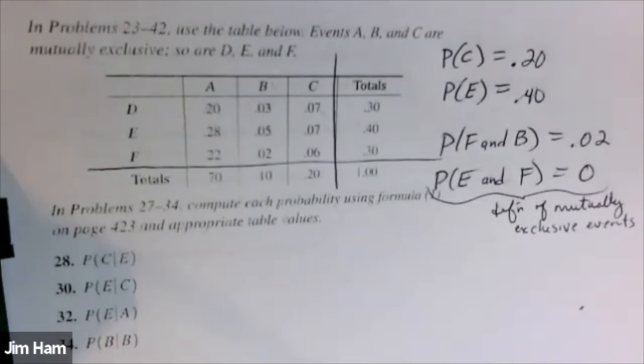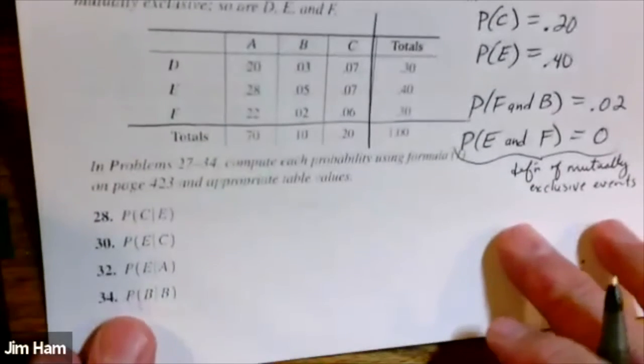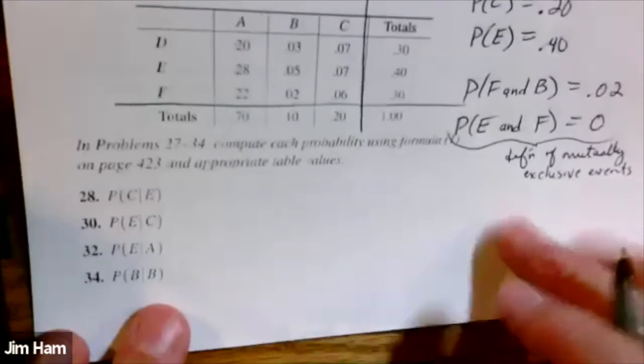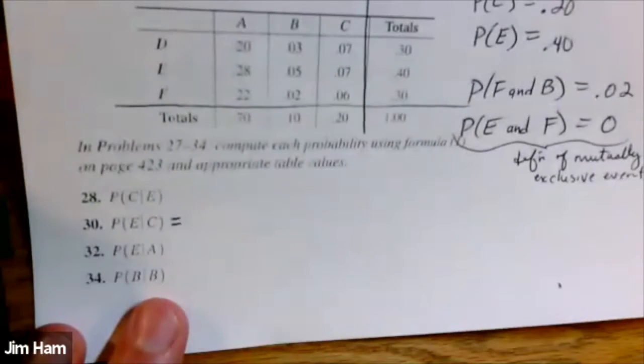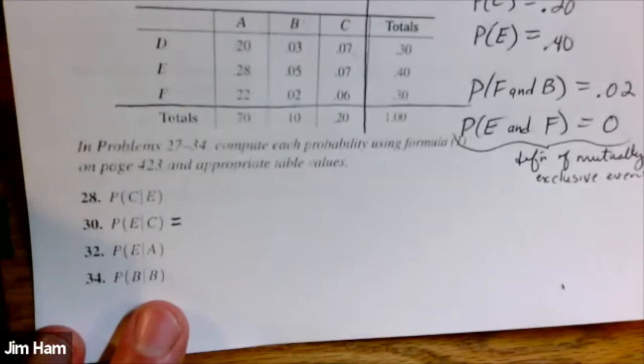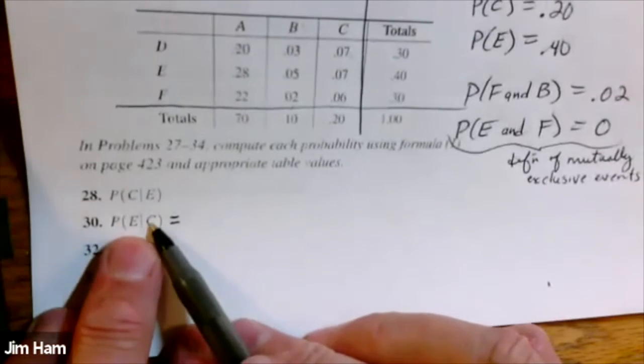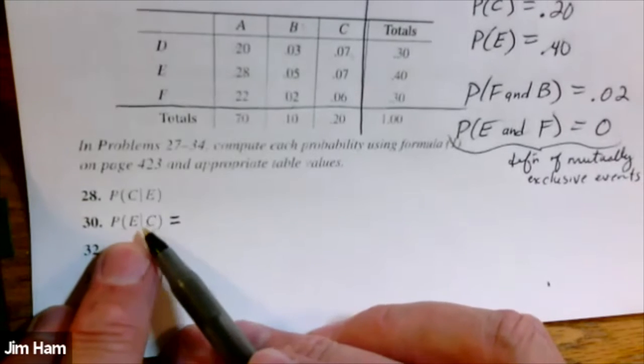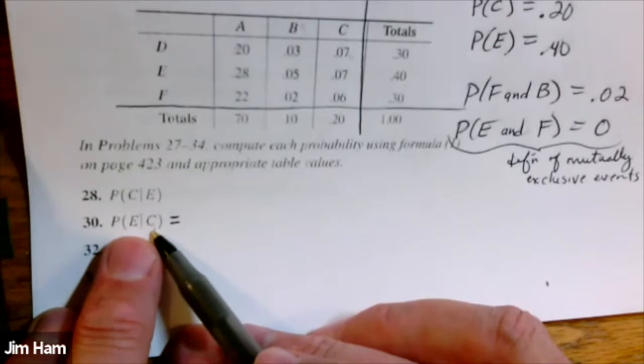Now that we can read the table, let's go ahead and calculate some of these conditional probabilities. What's the probability of E given C? I'm going to do it the first time intuitively, and then I'm going to use the formula the second time. The first time, I'm going to just reason this out. This says the probability of E given that C has occurred.